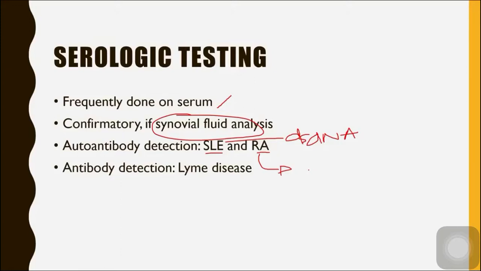Rheumatoid factor can also be present in other conditions, so it is not specific for rheumatoid arthritis. The most specific antibody for RA is anti-CCP. Anti-CCP stands for cyclic citrullinated peptide. Again, it is the most specific antibody for rheumatoid arthritis.